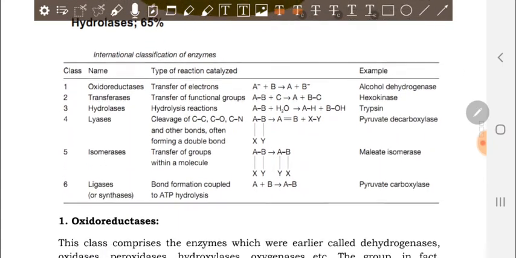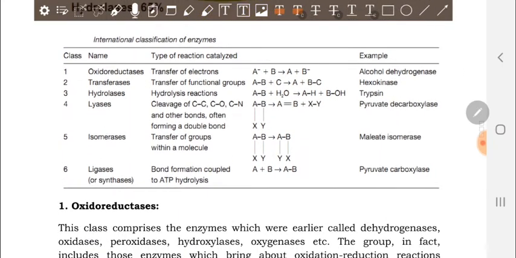Coming to the major types, oxidoreductases are involved in the transfer of electrons. The example given is A minus plus B gives A plus B minus. Here the electrons are transferred from A to B, so B receives the electron, which is why it is called B minus.